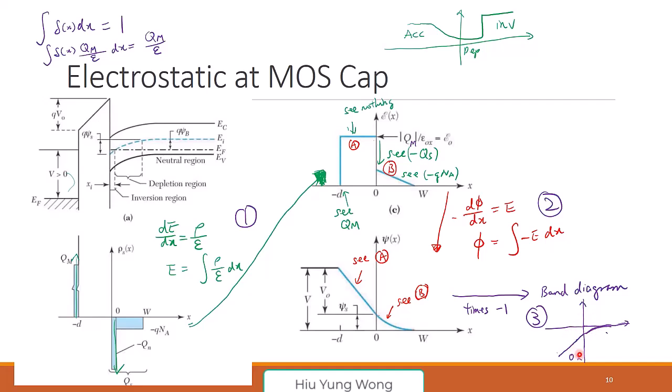This only tells you the potential. It does not tell you where the conduction band is. It's just saying that the potential changes in this way. But because this has a larger band gap, you need to draw it like this so you have a discontinuity. But this shape, look at this curve, is the same as this shape. Does that answer your question?